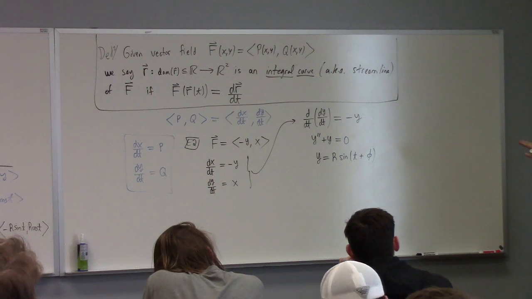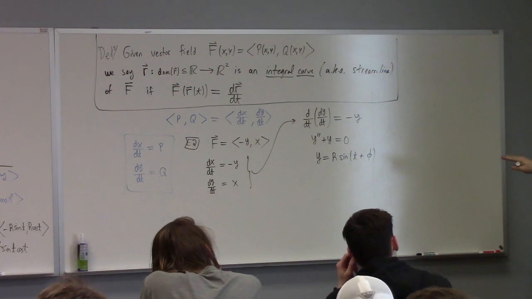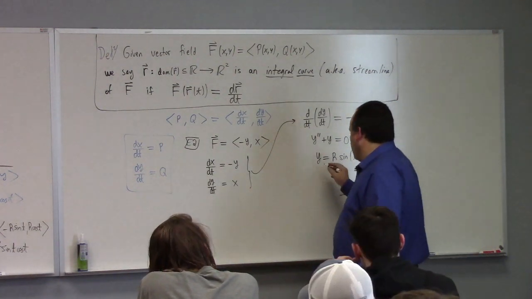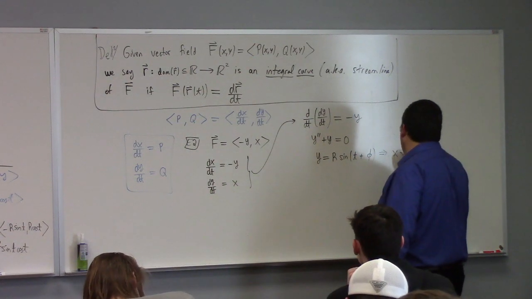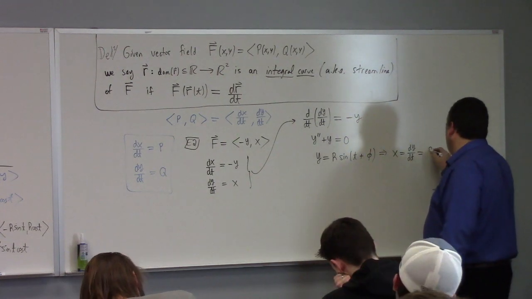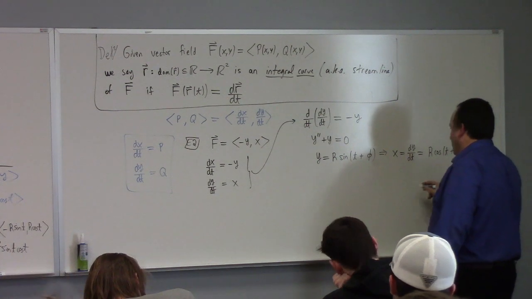Now we will discuss a technique on how to find that in about a week, maybe a week and a half. I don't know, somewhere there. If I know that, then what's x? Well, x is equal to dy/dt, so we can figure that out. That's r cosine of t plus phi. And so there you go.